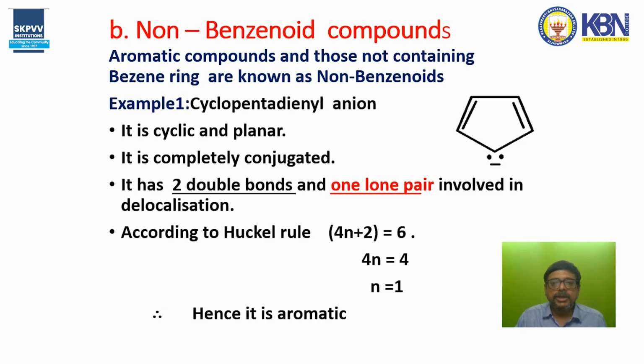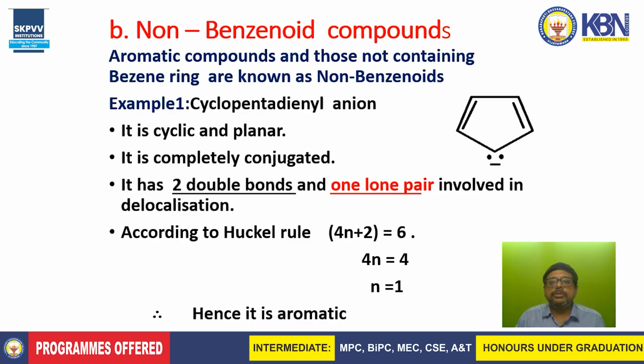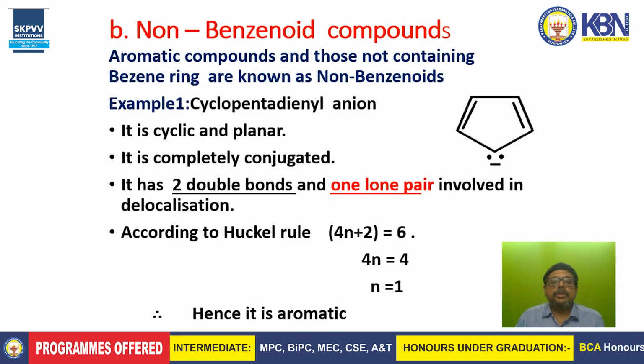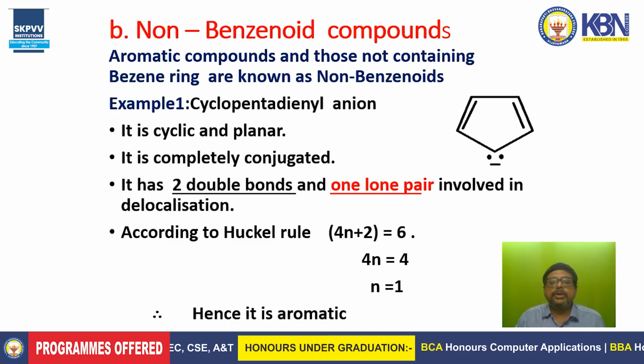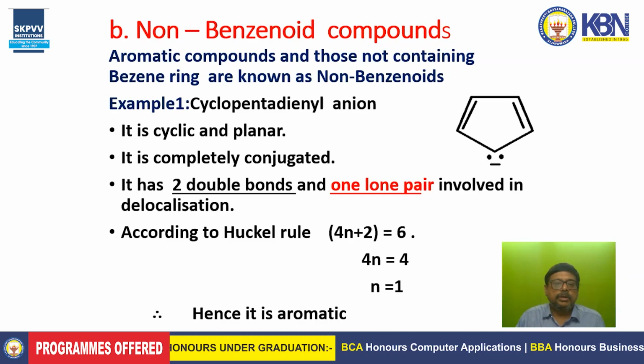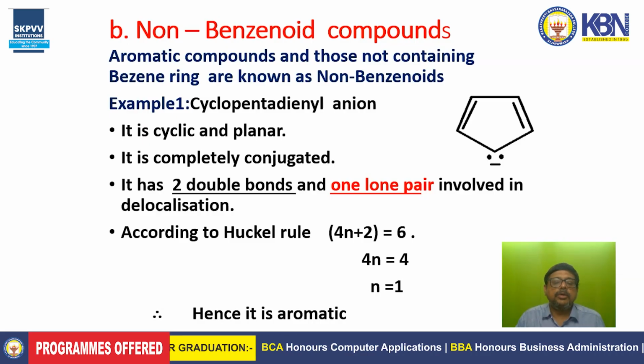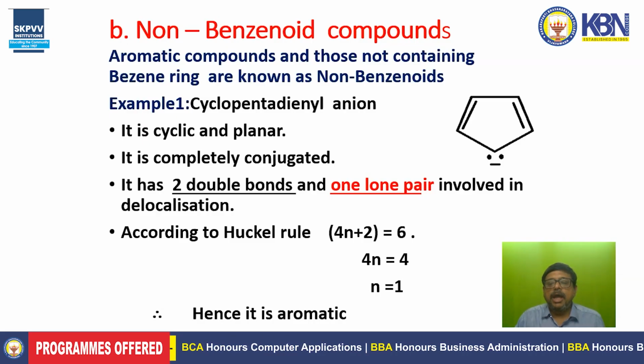It is completely conjugated. Moreover, it has 2 double bonds and 1 lone pair involved in delocalization. According to Huckel rule, 4n plus 2 is equal to 6. So 4n is equal to 4. Therefore n is equal to 1. So it is also a Huckel number. So it obeys Huckel rule and hence it is an aromatic compound.